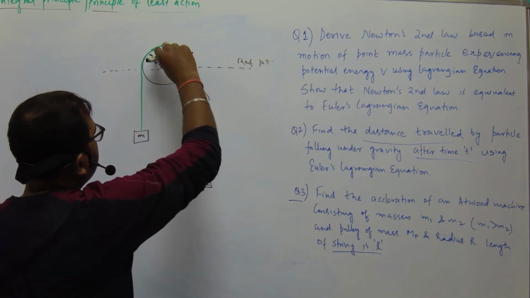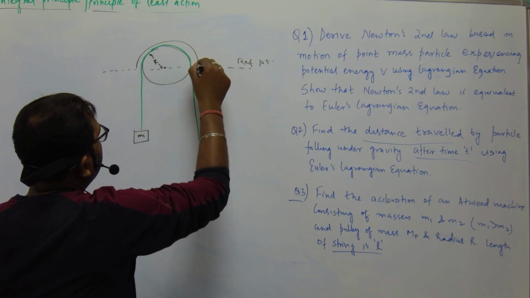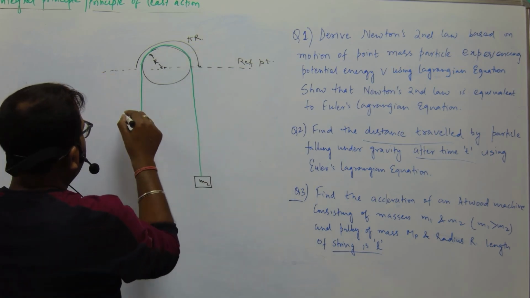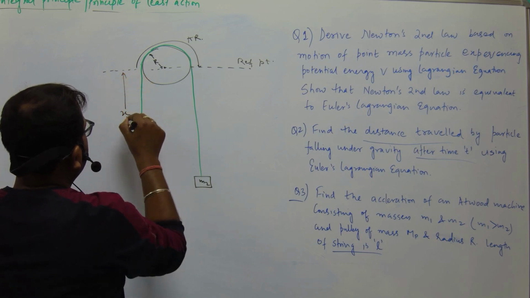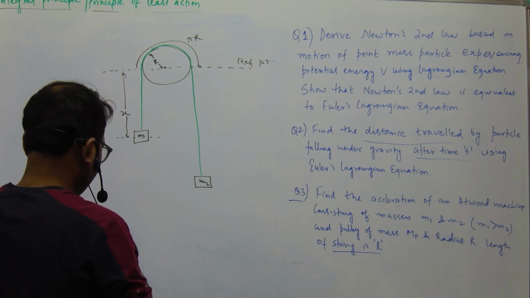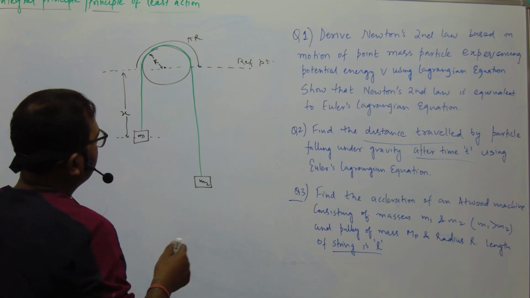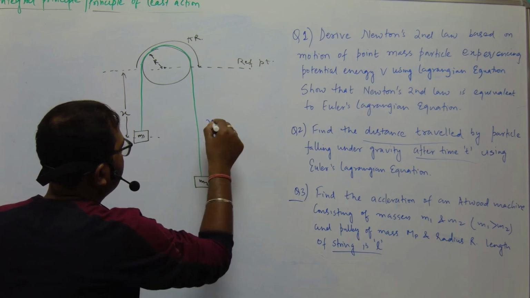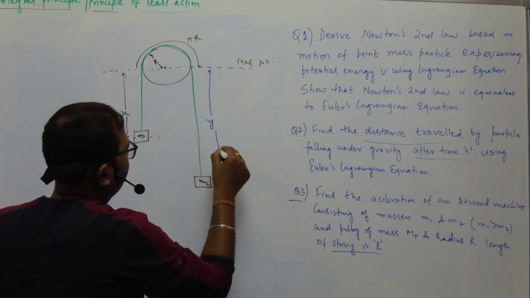Since the radius is r, this whole length will be pi r. Let us take this distance as x from the reference, from the center of mass of particle m1. Let us take this distance as y for the time being.